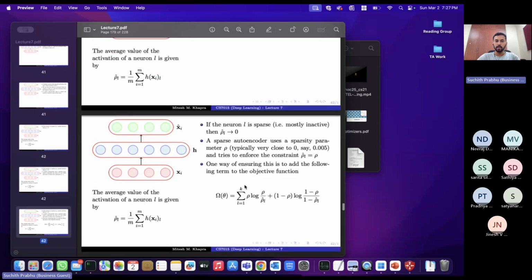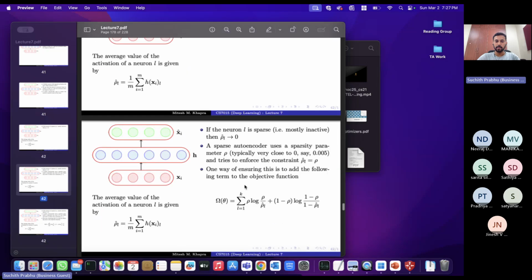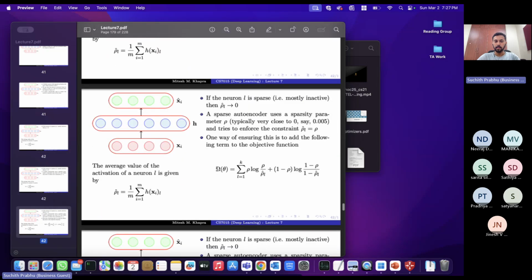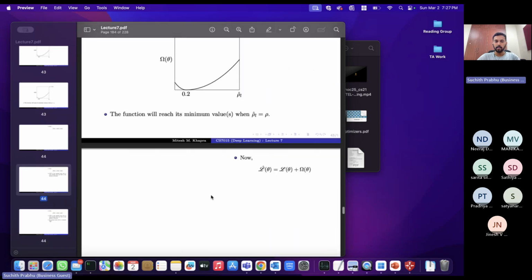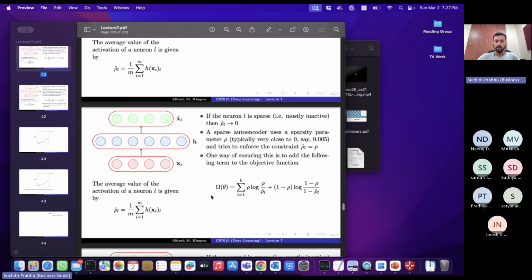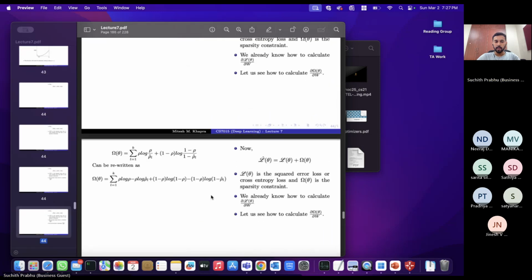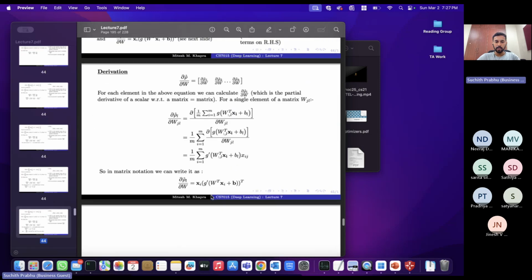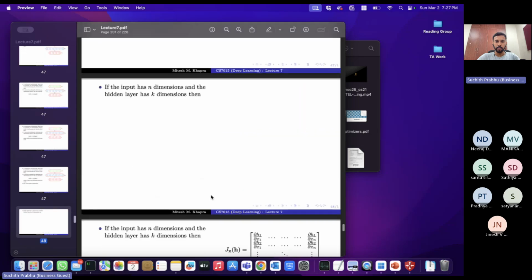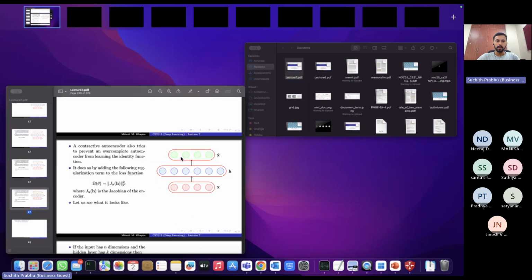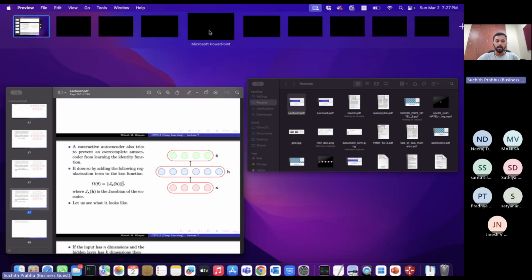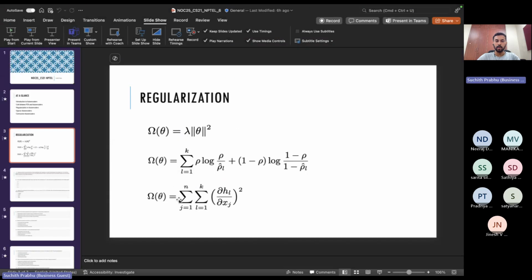So in addition to the reconstruction loss, we have this sparsity term as well. These are different regularization techniques that people have found to be useful. Similarly, there is one involving Jacobians. That was the final equation related to contractive autoencoders.